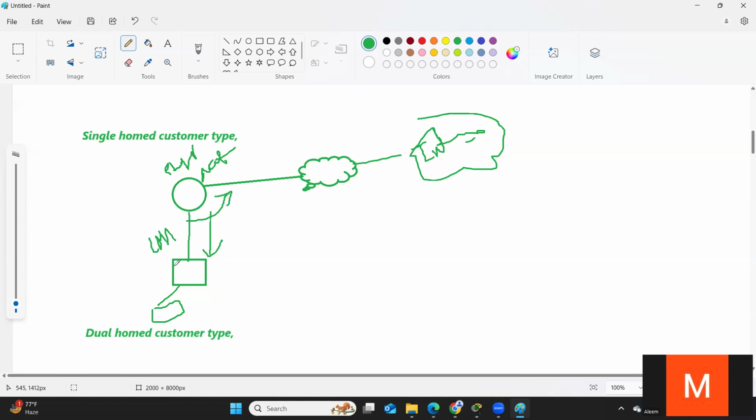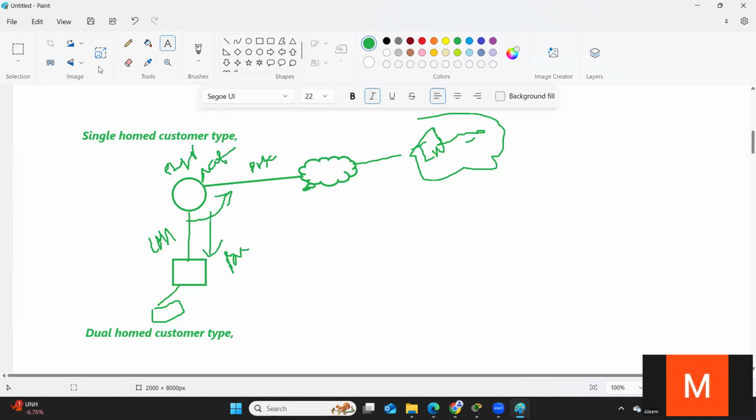For that, private IP addresses are converted to public. NAT stands for network address translation. Basically, NAT is a protocol. What will it do? It will convert from private to public, and public to private.